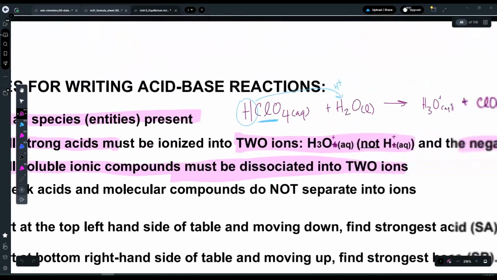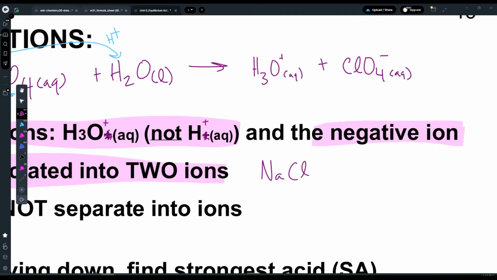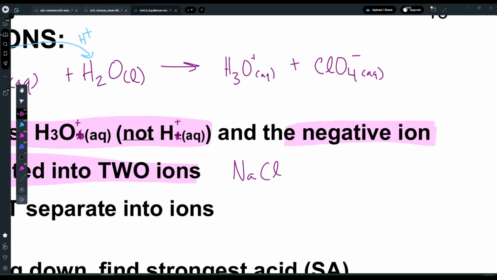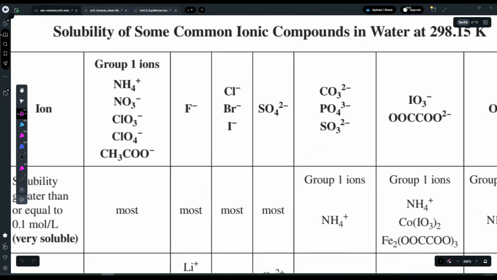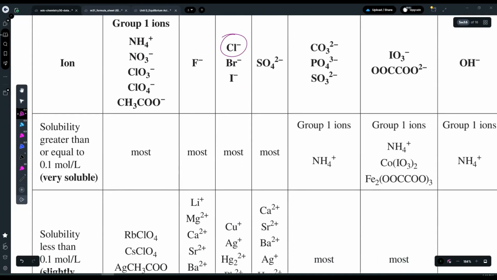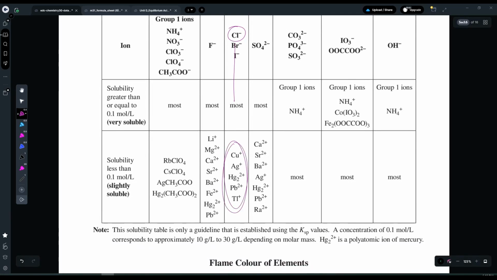Let's say that we have an ionic compound such as sodium chloride. To find this compound in your solubility table, you usually start with your anion. In this case, chloride is the anion. If I find chloride and trace my finger down, most things with chloride ions are soluble, but you do need to check the last row to make sure your cation isn't one of the exceptions.